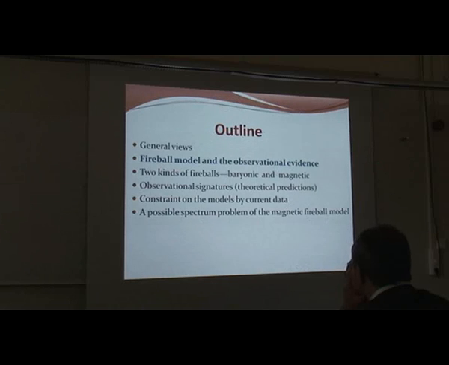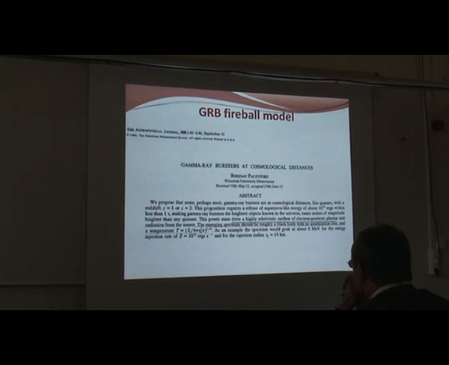The fireball model is the leading interpretation of gamma ray bursts. Why do people call them outflow or fireball? In the analysis of the prompt emission, people found variability time scales as short as sub-millisecond. That means the size of the GRB central engine is on the order of 10 kilometers.